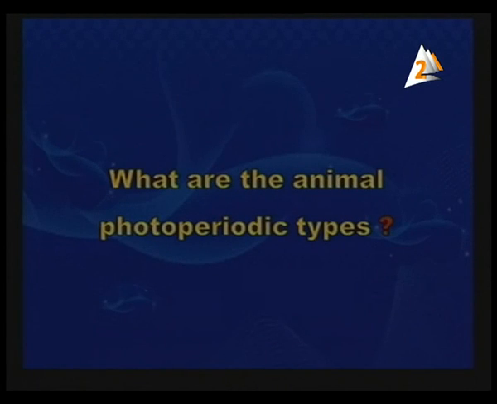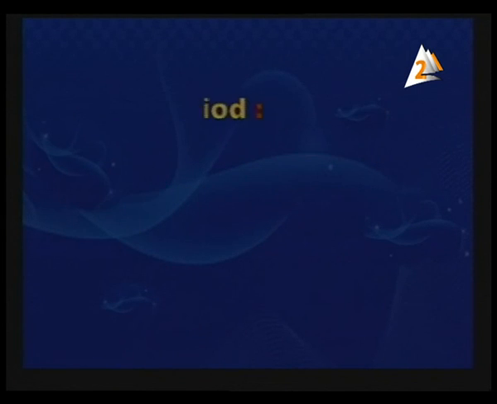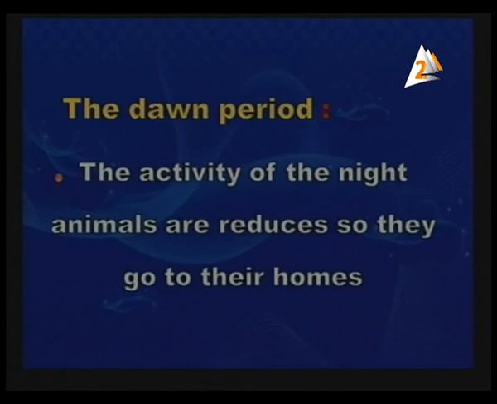What are the animal photoperiodic types? Light or sunlight has great effect on the activity of animals. According to that, there are 4 photoperiodic types of animals during the day. We have the dawn period animals. The activity of the night animals is reduced, so they go to their homes.